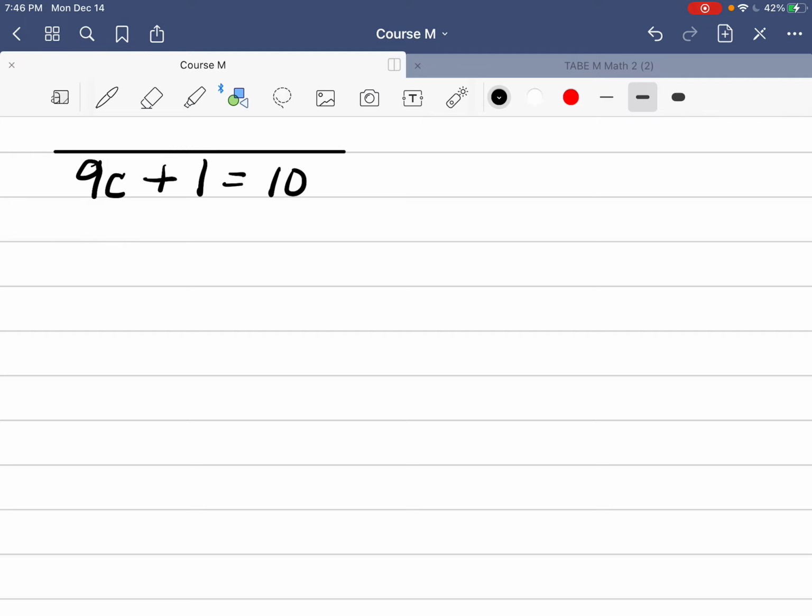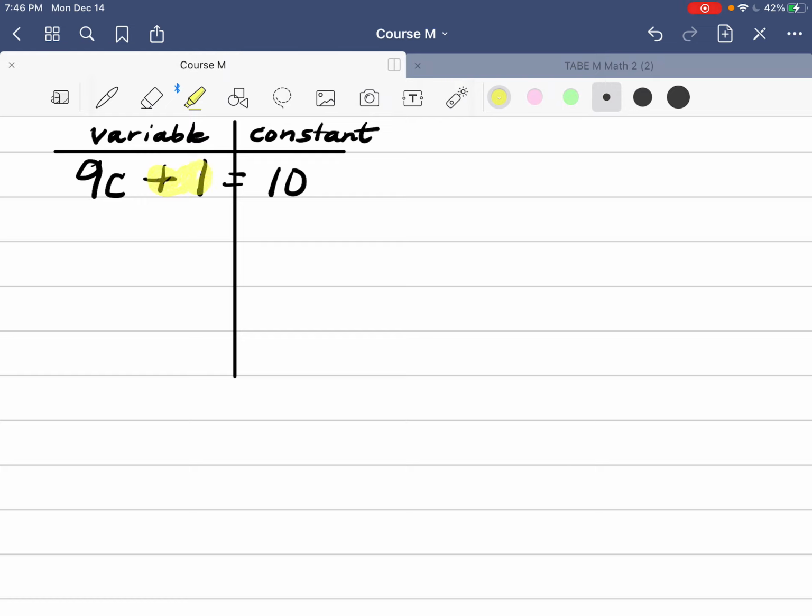Power t. Keep it organized, very straight and clean. That's important. So variable, constant, and we're going to move that constant first, right here. Do the opposite of what you have and cancel where you can. Copy. 10 take away 1 is 9.